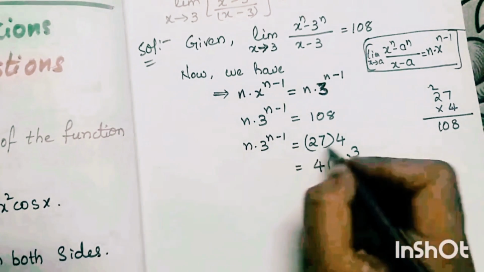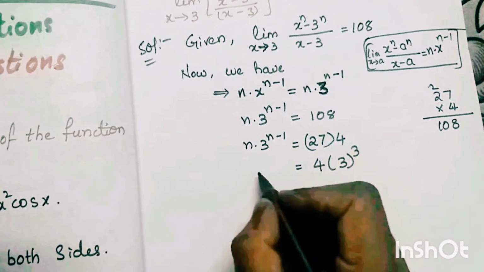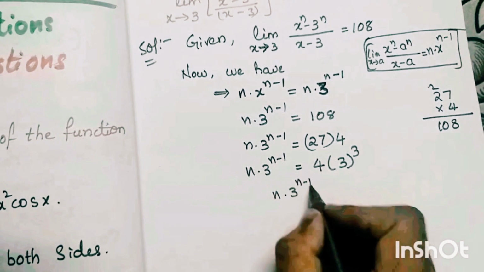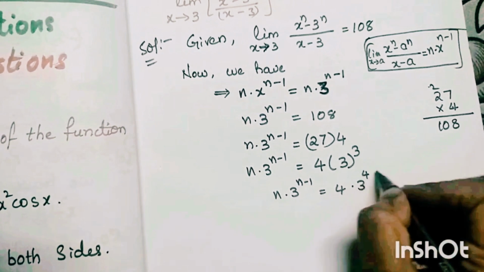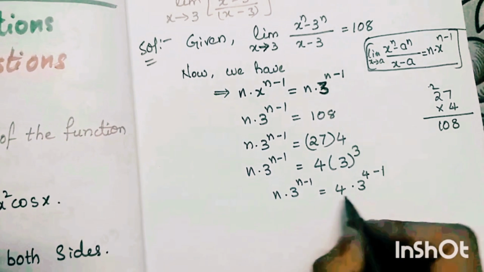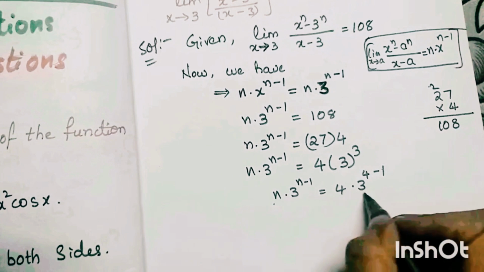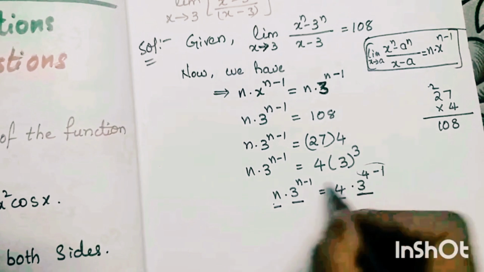So equate both sides, right side and left side, and we can get the value of n. So n·3^(n−1) can be written as 4·3^(4−1). 4 minus 1 is 3. Now LHS and RHS are in the same form, the power is also the same.